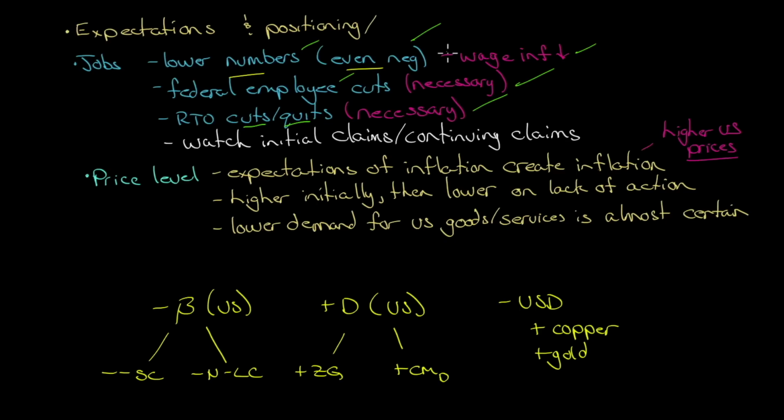As market participants, our job is not really to offer any value judgment on the direction of things, but to position ourselves for that. Watch the initial claims and continuing claims. It'll start showing up here in initial claims. Those who took buyouts, they're getting paid for another 8 months. At least in Canada, this is how it works.